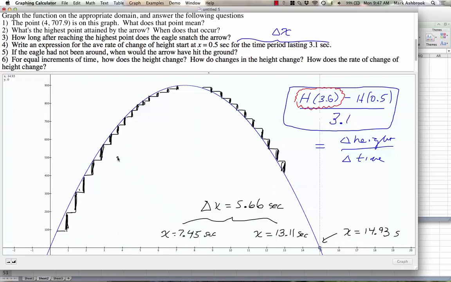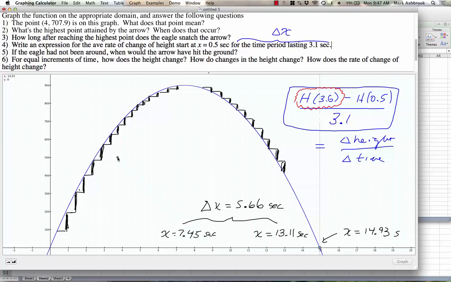Decreasing the whole time. The changes in height are decreasing the whole time. They're getting less positive and then more negative, the changes. So therefore, what about the rate of change? The rate of change is decreasing the whole time.